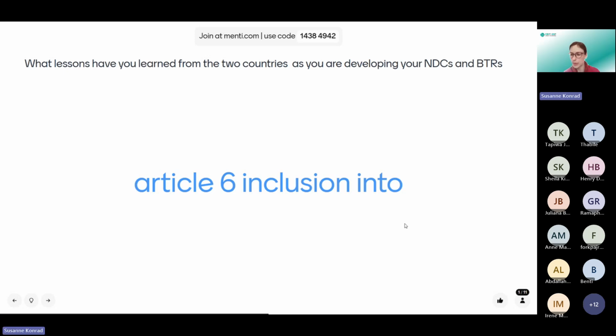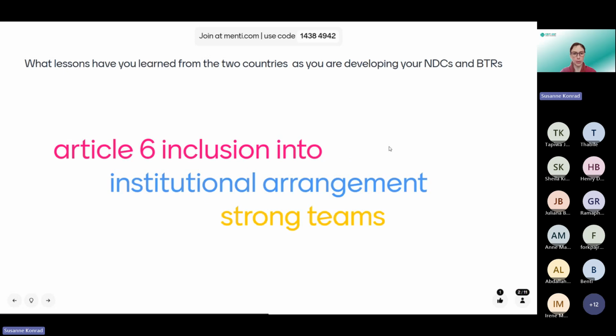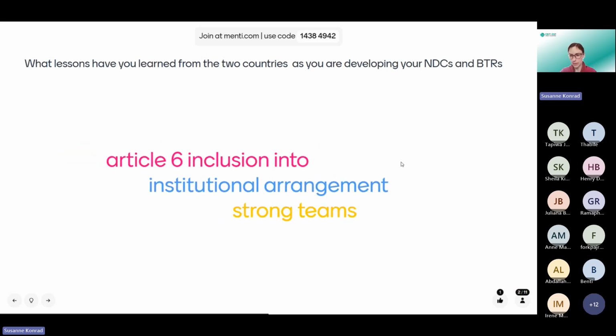Give you a few more seconds to respond. Yes, you can of course also take your time later. Strong teams, that's a very important element. I think always to have strong, dedicated teams that are ready and institutionalized to do this exercise, to do all these preparations of the BTR as well as the NDC.